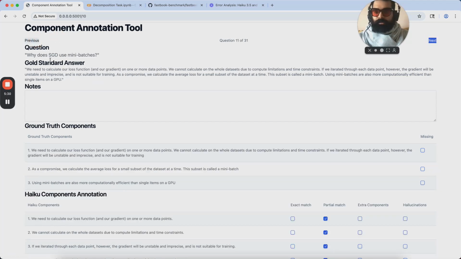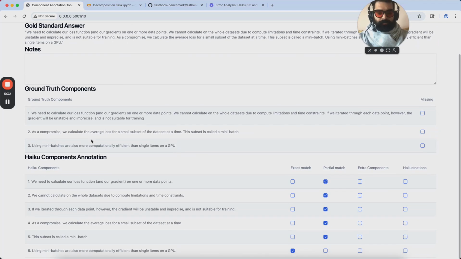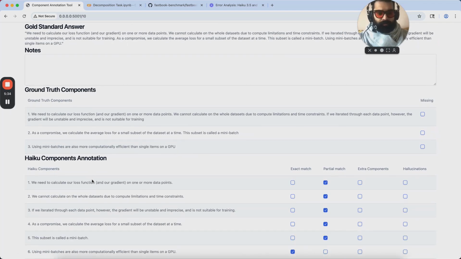Why does SGD use mini batches? So we have 3 of these making up this one. We need to calculate our loss function on one or more data points. We cannot calculate on the whole data set due to compute limitations and time constraints. If we iterated through each data point, the gradient will be unstable and imprecise and is not suitable for training. And then these two, 4 and 5, make up number 2.